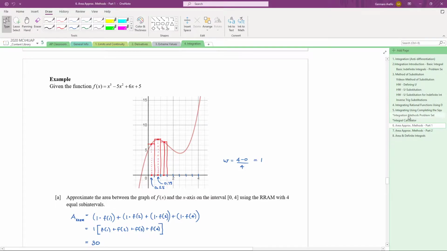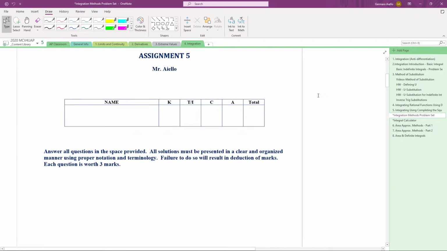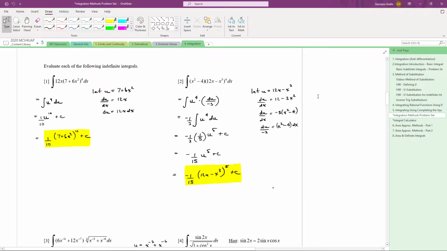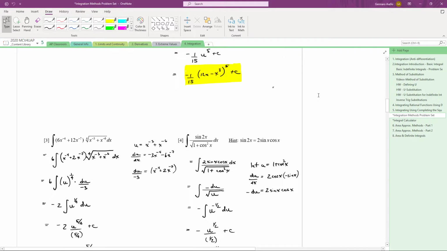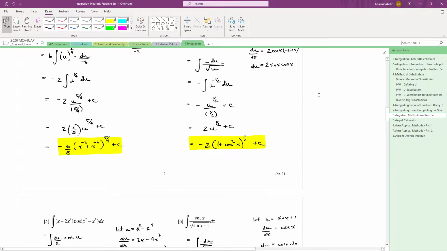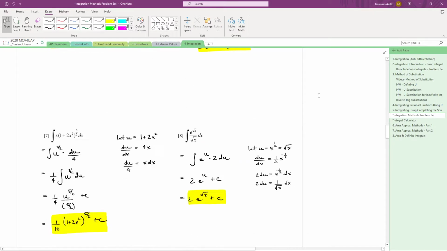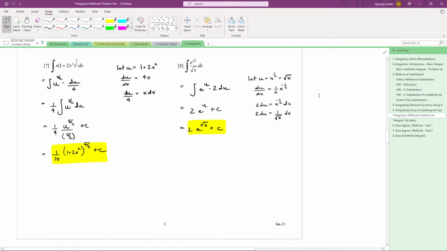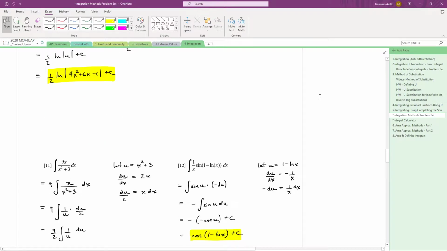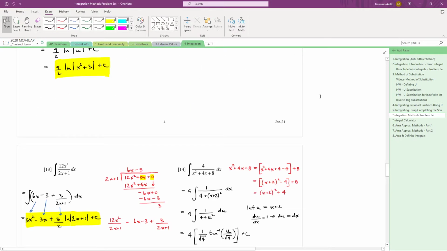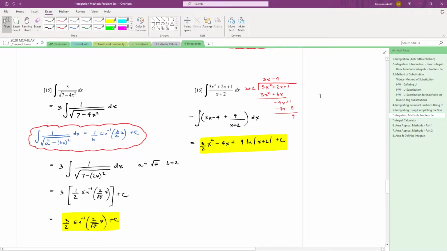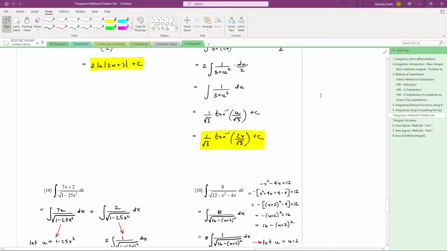First of all, integration problems. I think I had assigned this problem set on integration. I posted the solutions. They're all there. There were 20 questions.